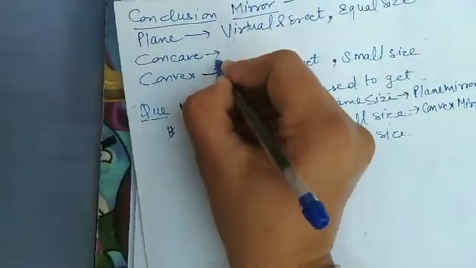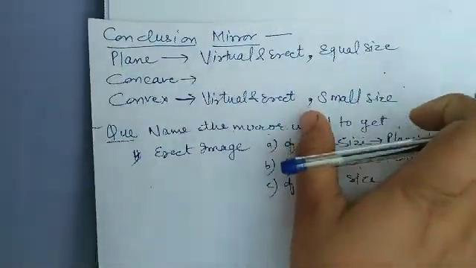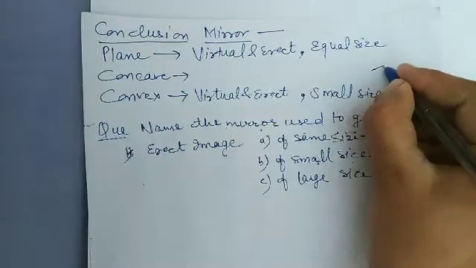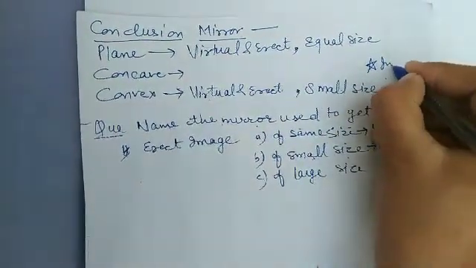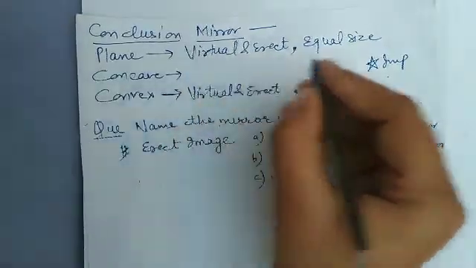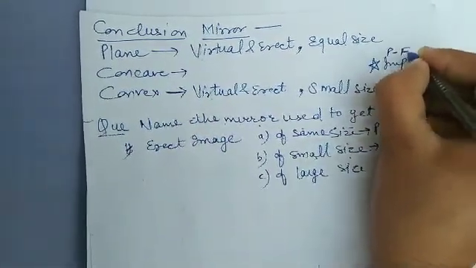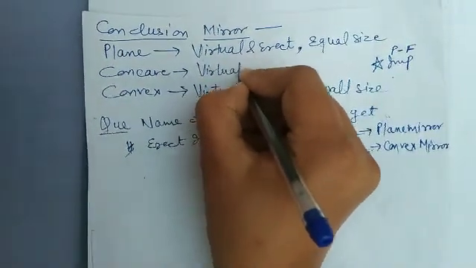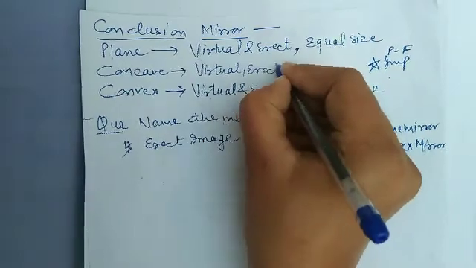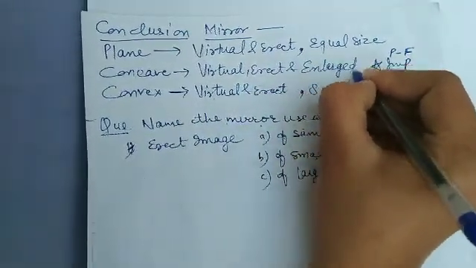And concave mirror with the special case, when I have told you concave mirror special case, I have marked there a star. It is a very important rule in which when we locate the object between pole and principal focus, the image is virtual, erect and enlarged, large size की image.